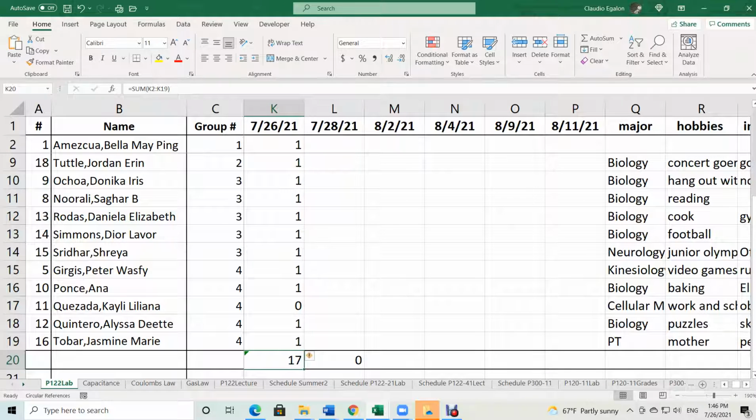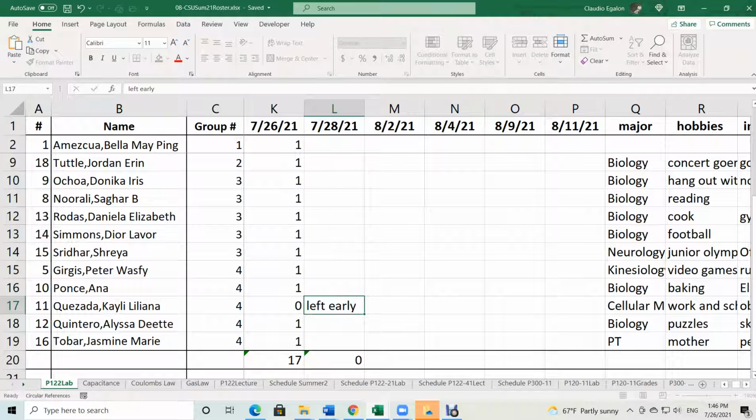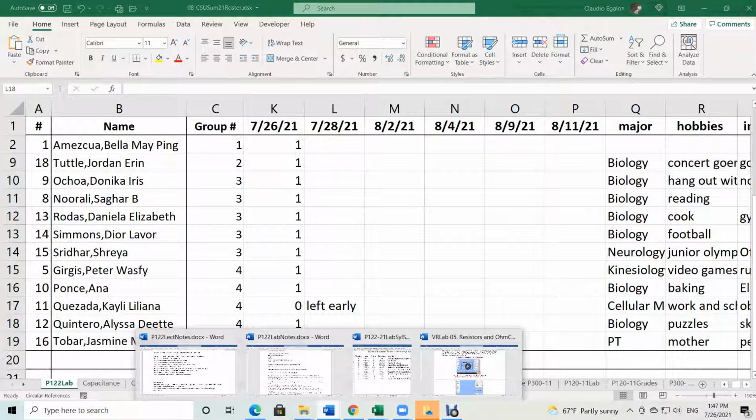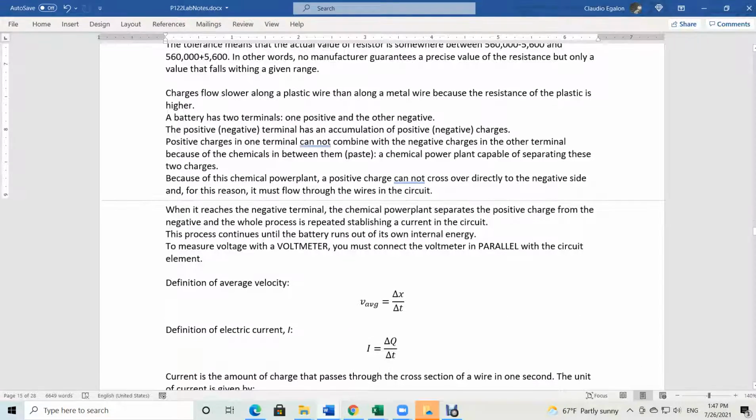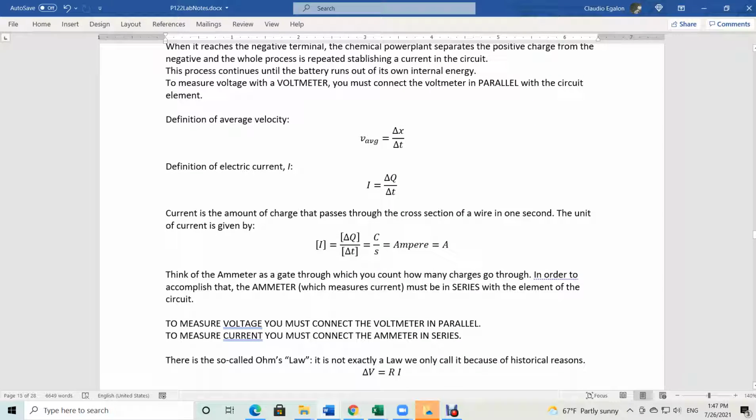Let me put here the time. And now is 1:47. Lab notes. I want to skip that. Definition of average. Here you go. I covered that.